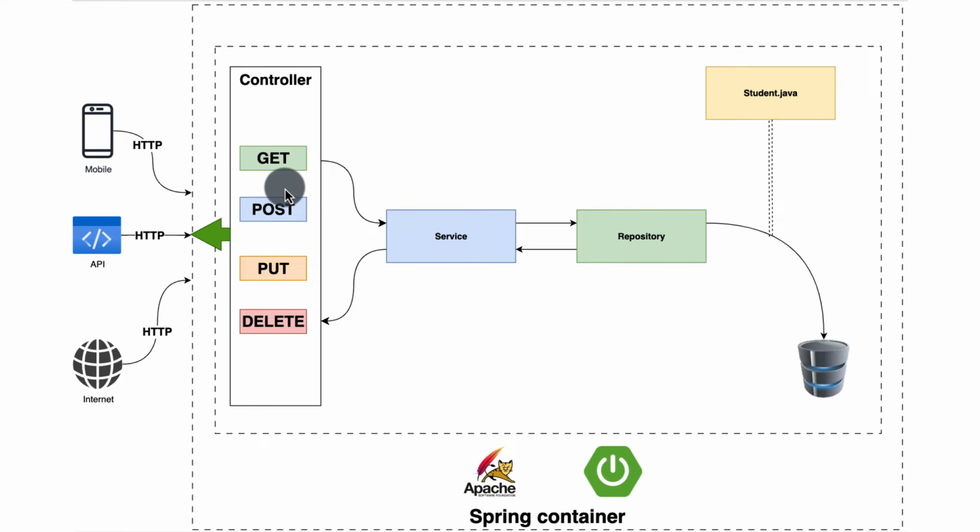These annotations allow the framework to identify and manage the controller as a Spring component and map specific HTTP requests to the corresponding methods within the controller class. I will be explaining all this in detail in a few seconds.